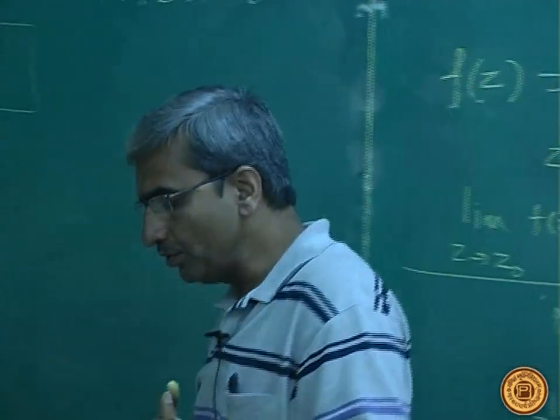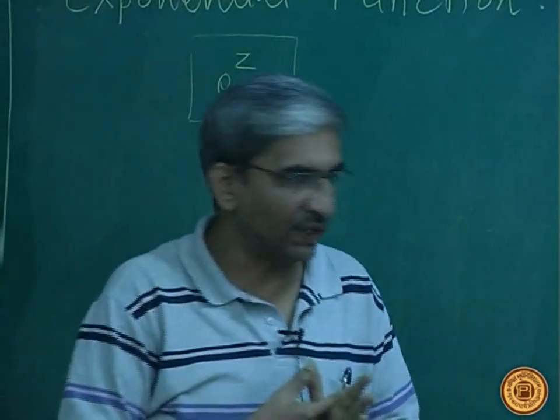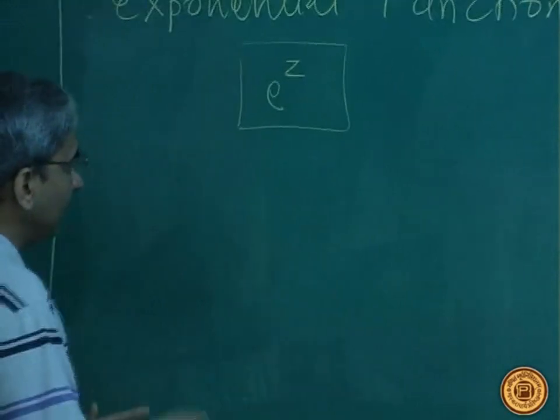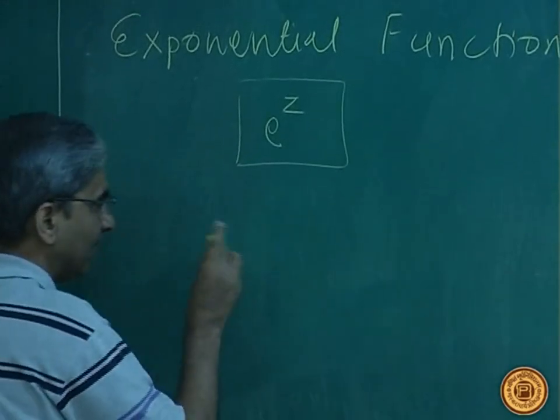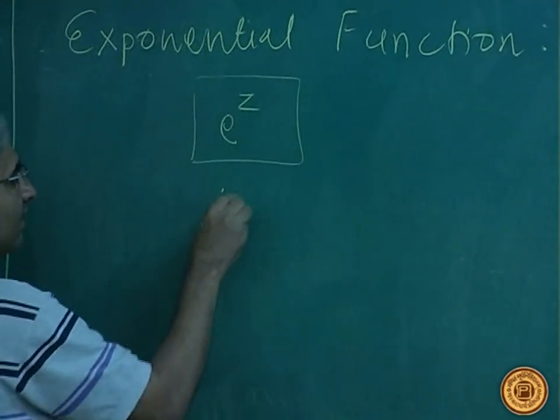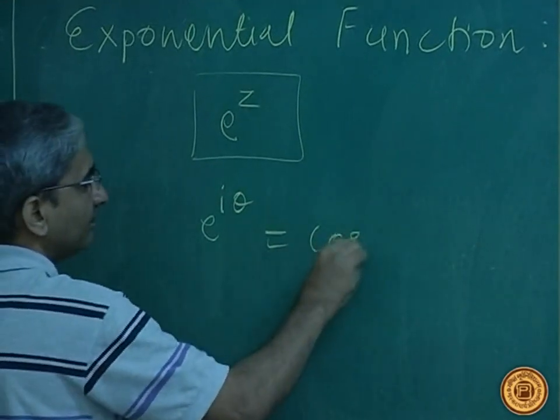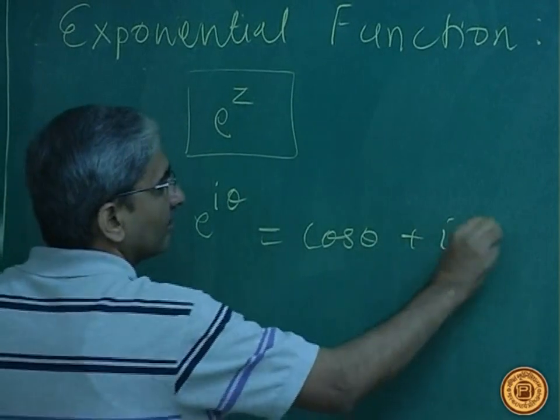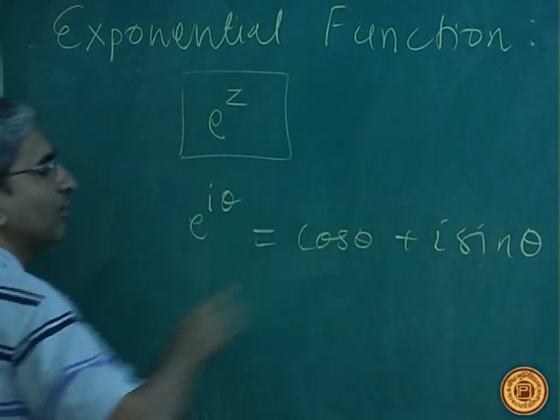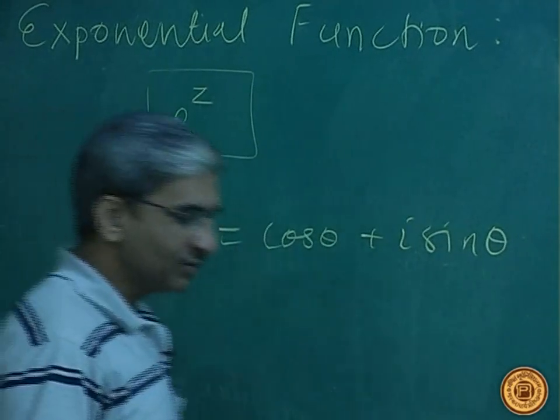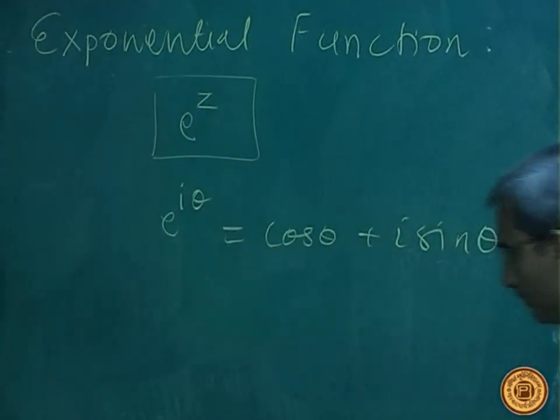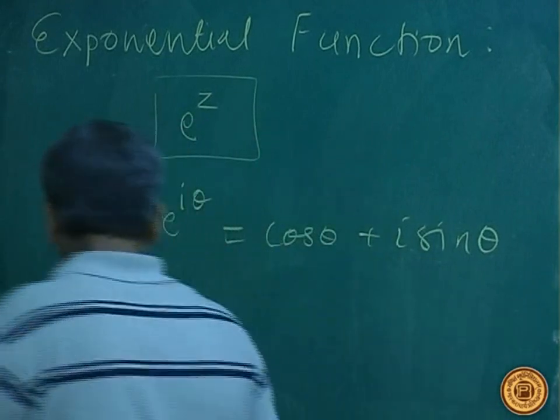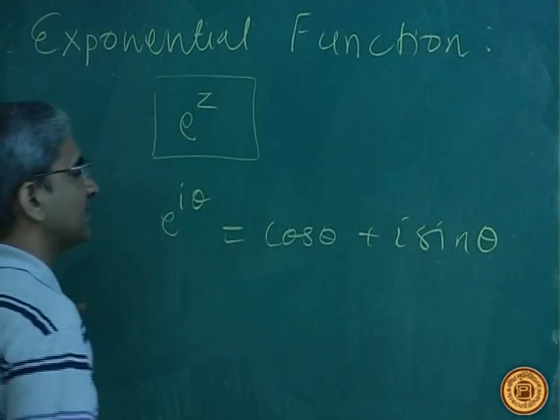We want to now move on to the exponential function of a complex variable. This you have definitely not seen before, except for the possibility that you have seen a formula of this type. Have you seen such a formula? I am sure you must have seen it, because it is used in physics also, and maybe in some other mathematics courses or first year BSc.